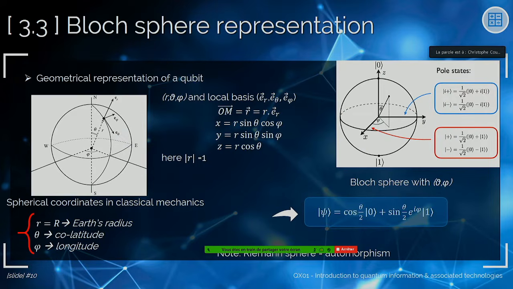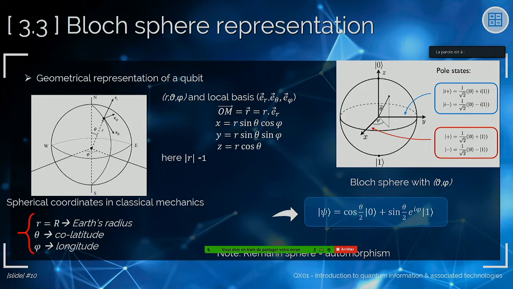So quickly, we said also that we can have a geometrical representation of such a qubit. This is the so-called Bloch sphere on the right-hand side. So this is the classical spherical coordinates in classical mechanics. But there is a direct automorphism, direct transformation to go from this to this, where this now can be seen as a sphere again, but a sphere that gives you basically all the pointing possibilities of the vector.